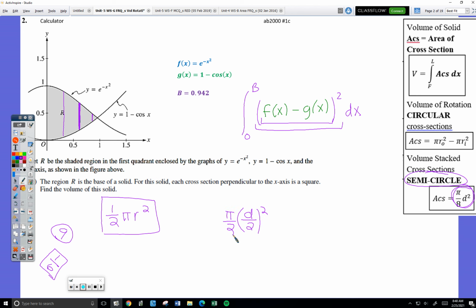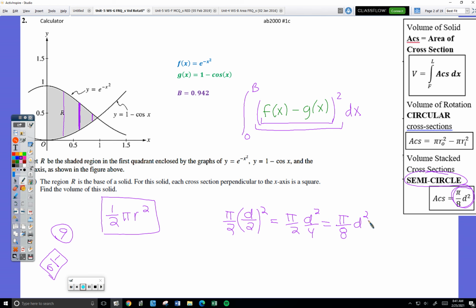That's the area of a semicircle. But because the 2 is inside the squaring, what you really have is pi over 2 diameter squared over 4, which means you really have pi over 8 diameter squared. So that's the area of a semicircle. Anybody else? Awesome. Back to Carl's question.